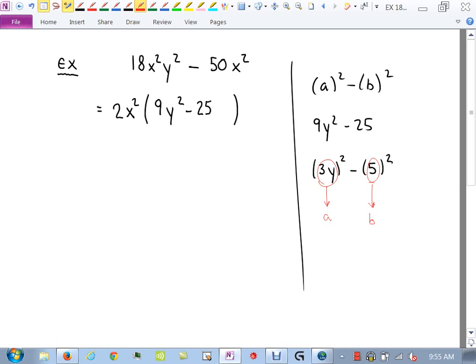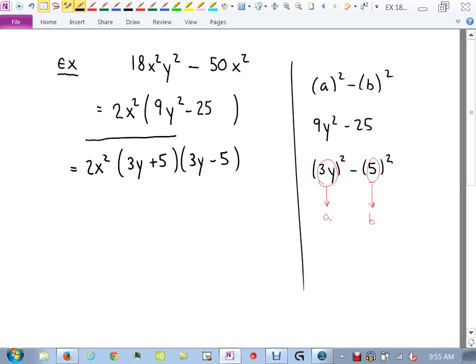So following the formula, it should be 2 sets of parentheses, a plus b, a minus b. And we still have that 2x squared outside. So I'm going to write 2x squared out here, 2 sets of parentheses, 3y plus 5, 3y minus 5.